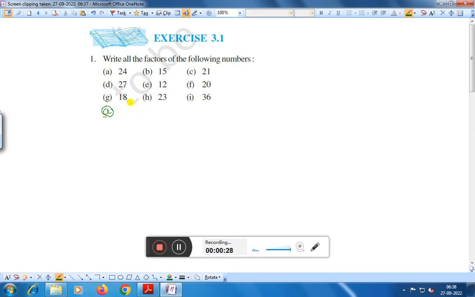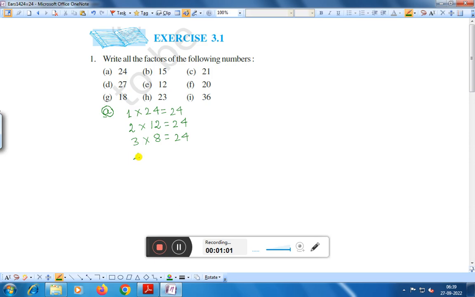Now, 24 we can write as, starting from 1, 1 into 24 is equal to 24, right? 2 into 12 is equal to 24. 3 into 8 is 24.